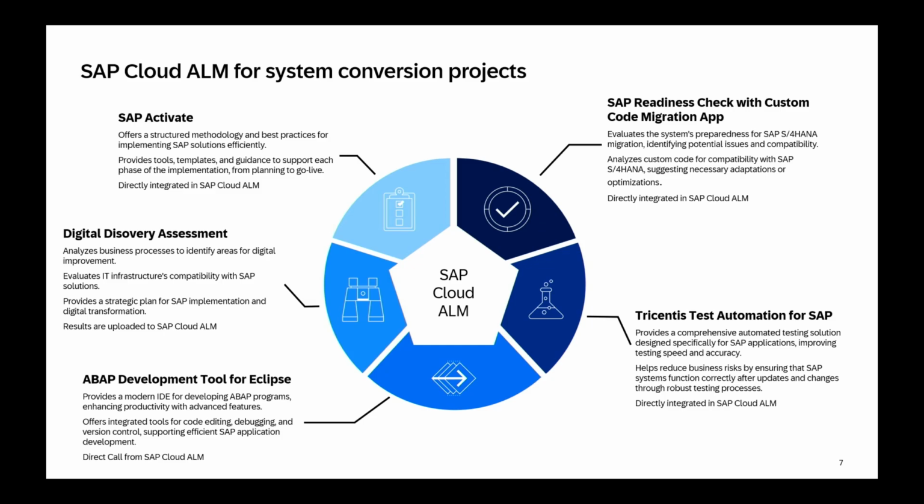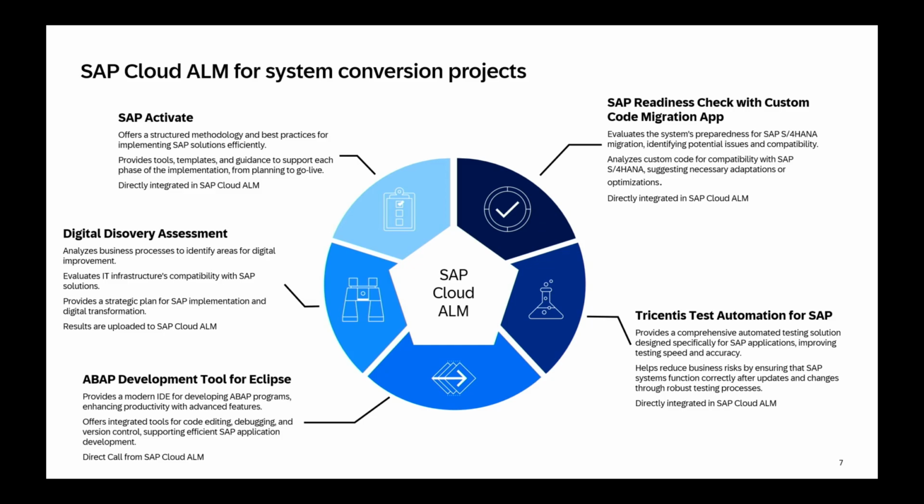So what can SAP Cloud ALM now do for system conversion projects? I'm starting on the left-hand side with the digital discovery assessment. That's really at the beginning of the journey, where you analyze which processes you have in place right now, and whether you want to use them in future on S4.